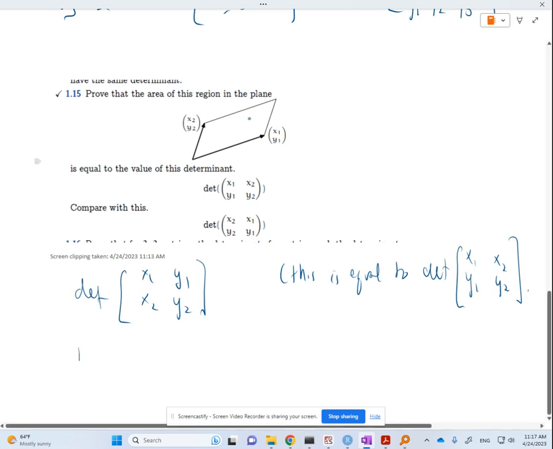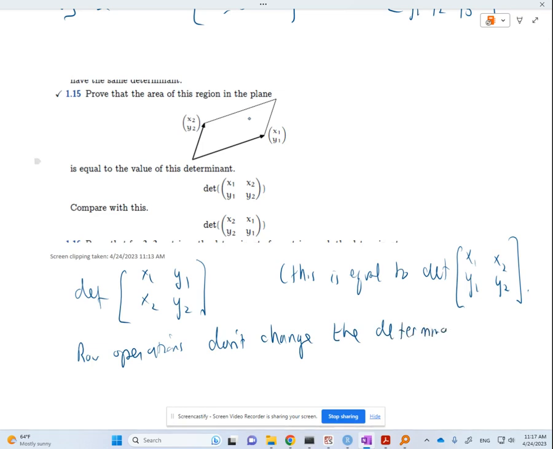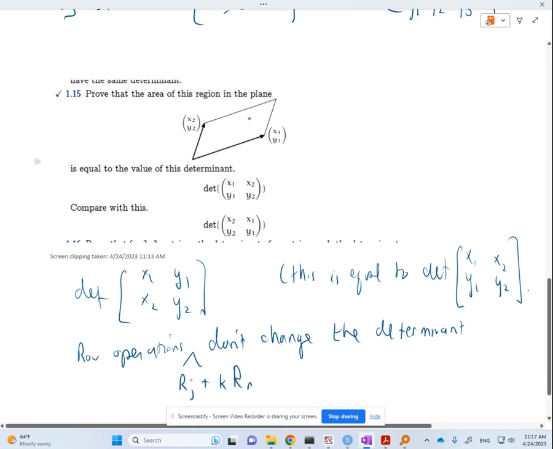So we know that row operations don't change the determinant. Or most row operations. So row operations of the form, if I take Rj plus k times Rm, okay? If I add some multiple of a row to another row, that's not going to change the determinant.